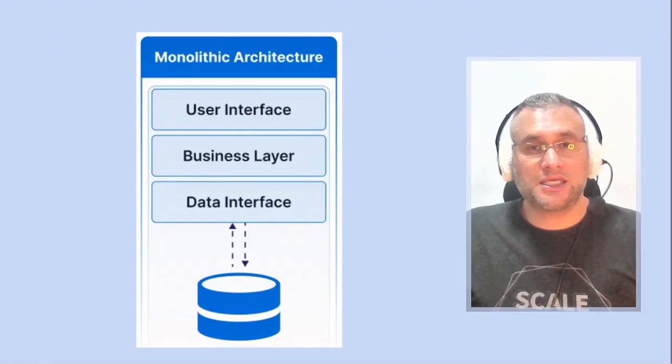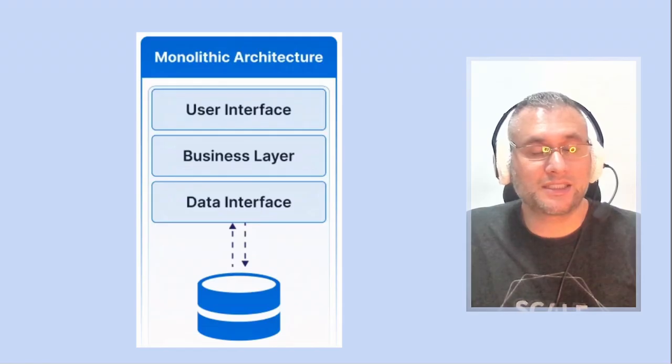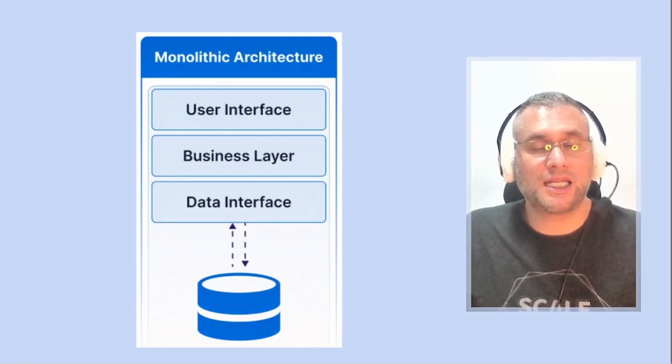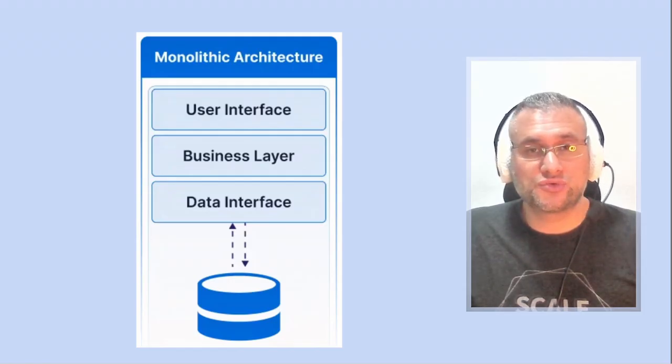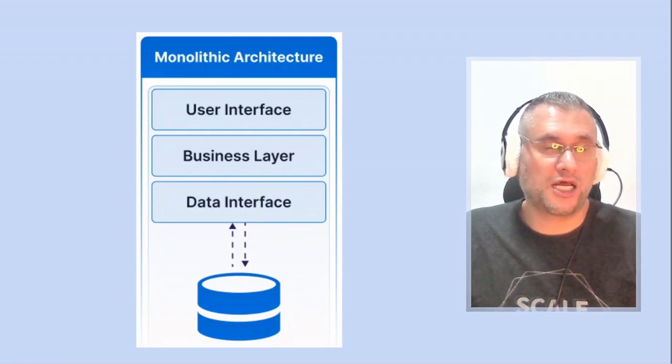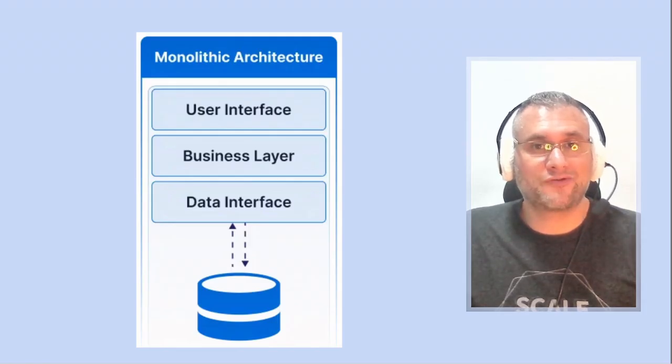This is easy to start a project, but in the future it could be a nightmare. For example, if you need to make a change in your code, you can break another part of the software or another functionality. Another drawback for this architecture is the teamwork.